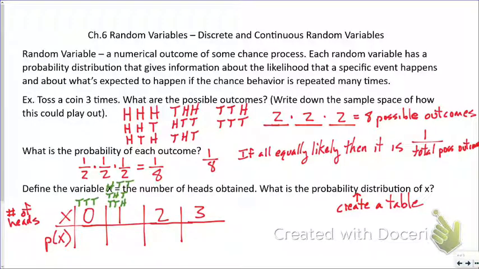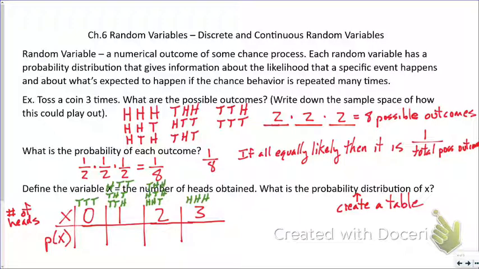This is H, H, T, H, T, H, and THH. And then this is all heads. And I'm just organizing my scenarios. That's basically all we're doing here.